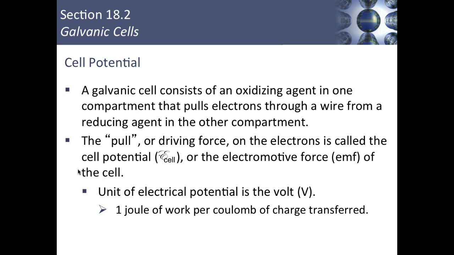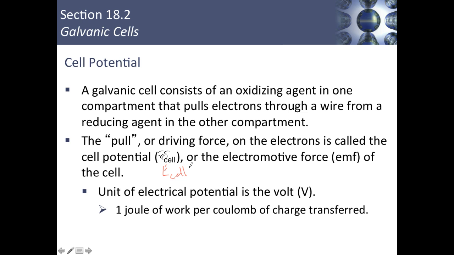So in one container we have the oxidizing agent, and that is actually pulling electrons through the wire from the reducing agent that's in the other. That pull that's happening, that's what we call the cell potential, or E cell, and that's what you're seeing right here. Okay, that strange symbol, but we normally put it this way, where we just say it's E for the cell. Now, this is going to be measured in volts, which you can see there at the bottom, 1 joule of work per coulomb of charge transferred.